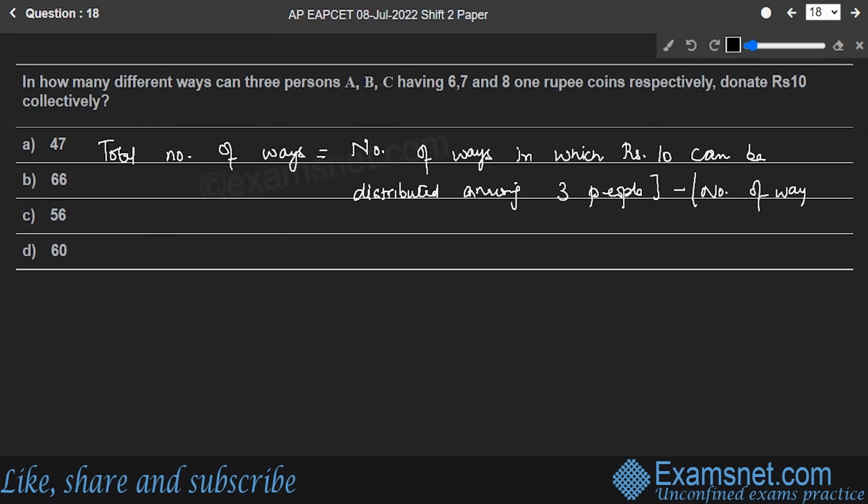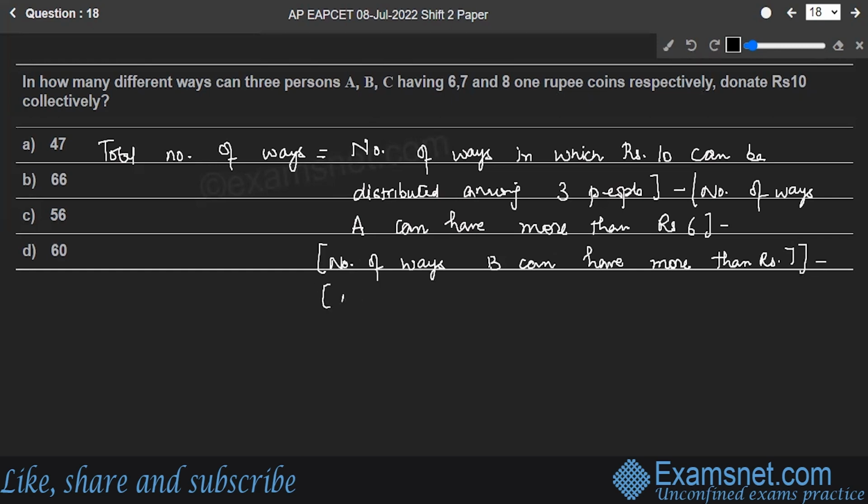minus the number of ways B can have more than 7 rupees, minus the number of ways C can have more than 8 rupees.